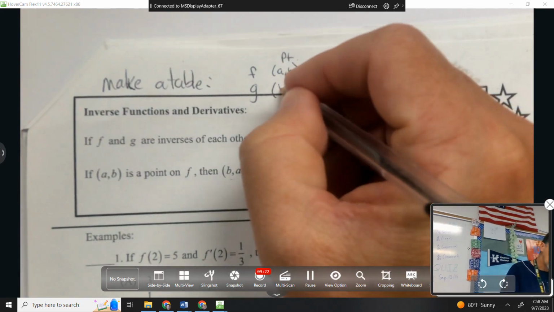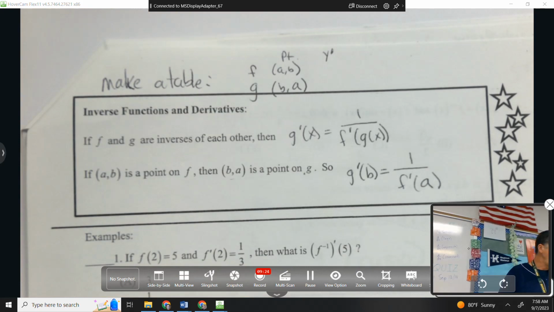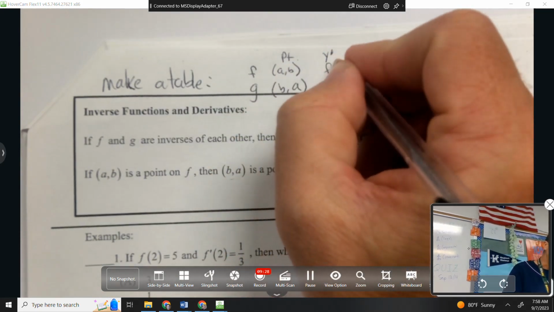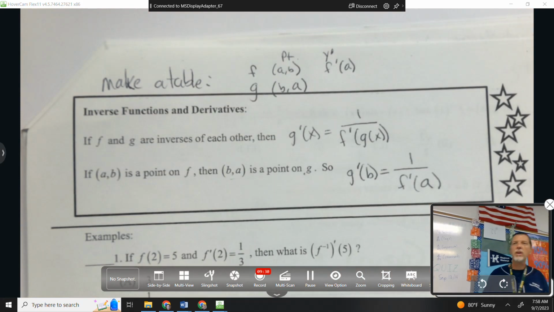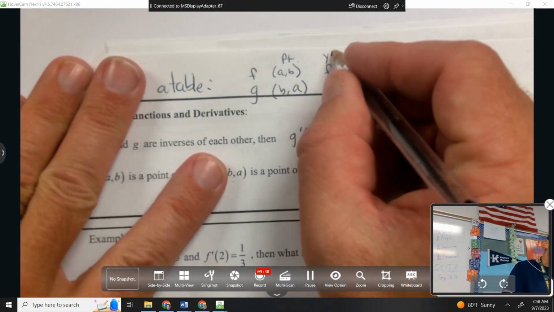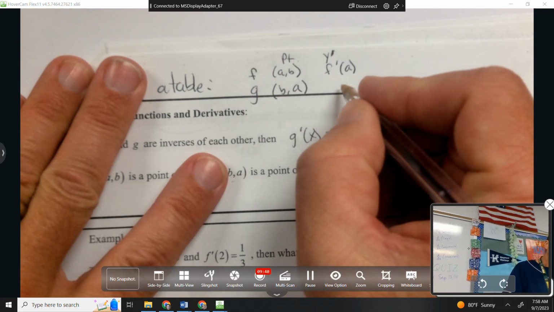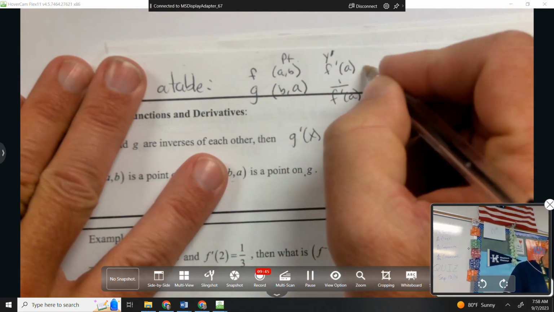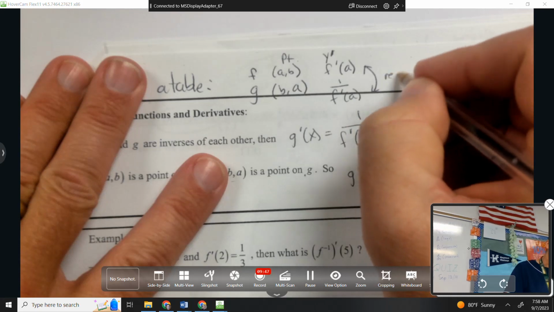(B, A). And the derivative, this is the normal stuff, would just be f prime at A. That's the part we already know how to do. But the derivative of g is 1 over f prime at A. They're reciprocals.